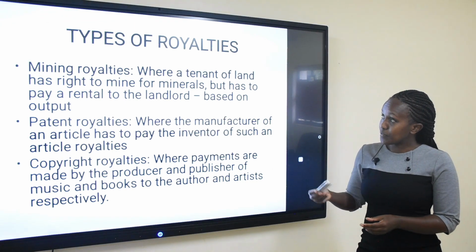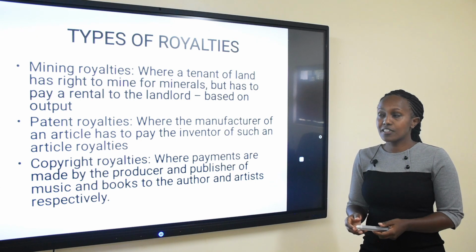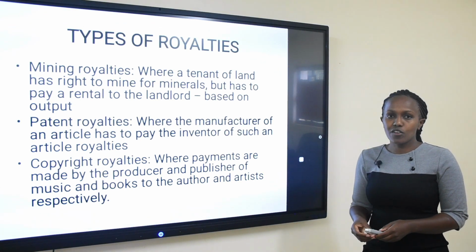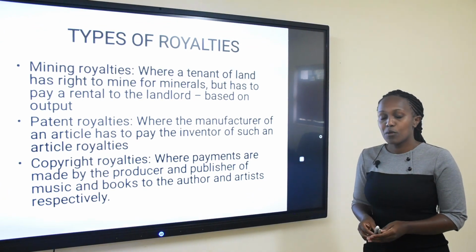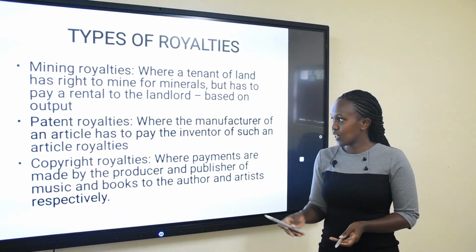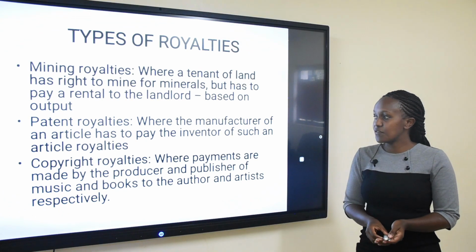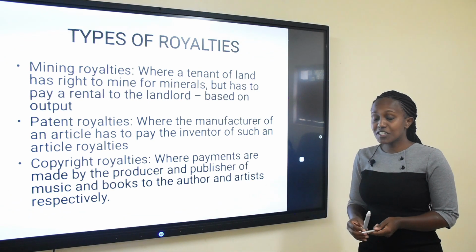So that is a mining royalty, where the tenant of a land has the right to mine the minerals, but has to pay the landlord a certain amount of money, which we are calling here the royalty. We can also have patent rights, where the manufacturer of an article has to pay the inventor some royalty.